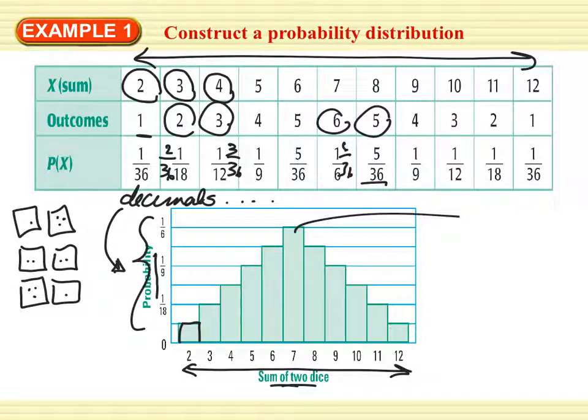You see that 7 is the most common, and we know that if we play any dice game, that 7 is your most common roll. Also notice that 0 and 1 are impossible, and anything greater than 12 is impossible.